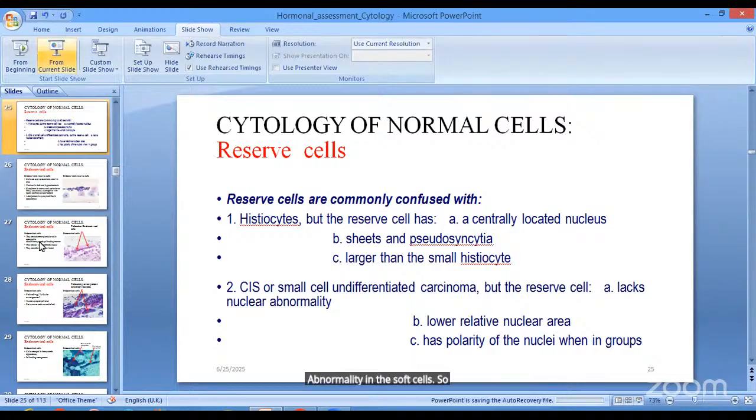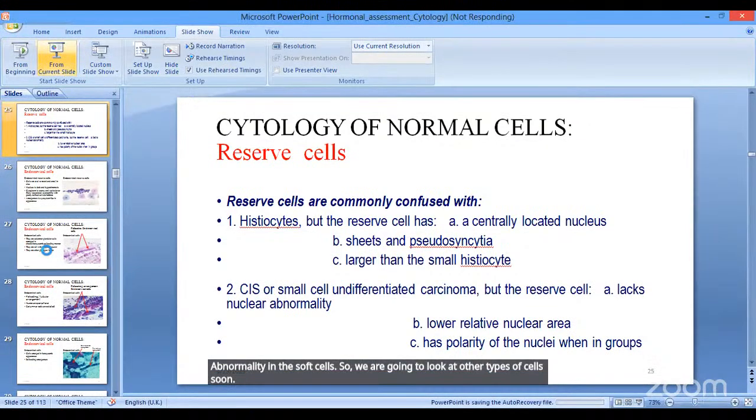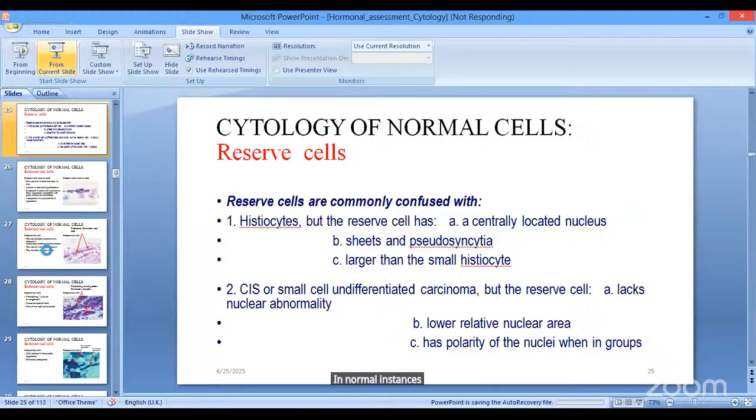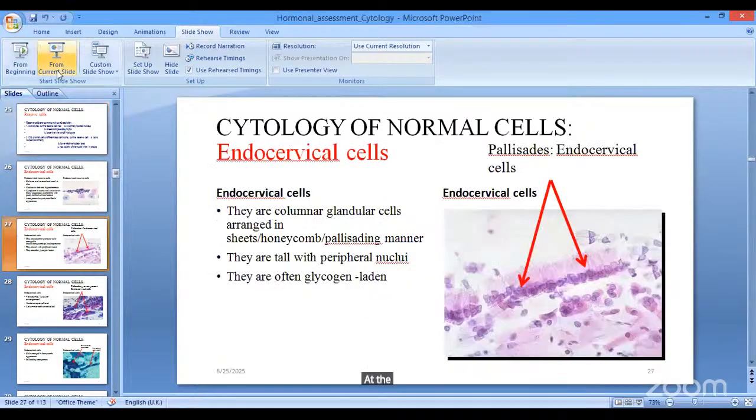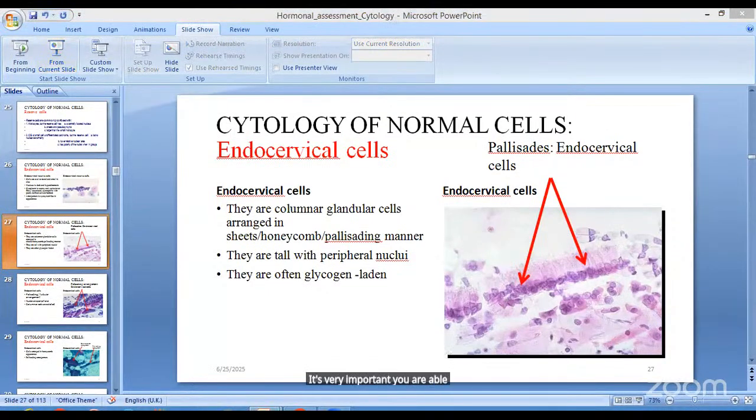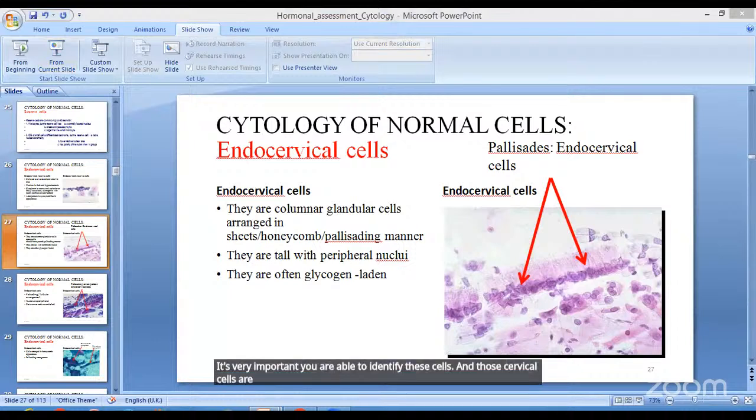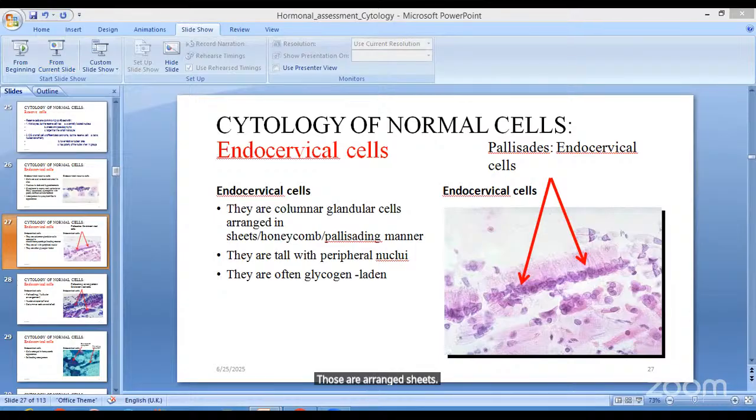So we are going to look at other types of cells seen in a normal vaginal smear. The next one we'll be talking about are the endocervical cells. It's very important you are able to identify these cells. Endocervical cells are columnar glandular cells arranged in sheets, honeycomb or palisading manner.